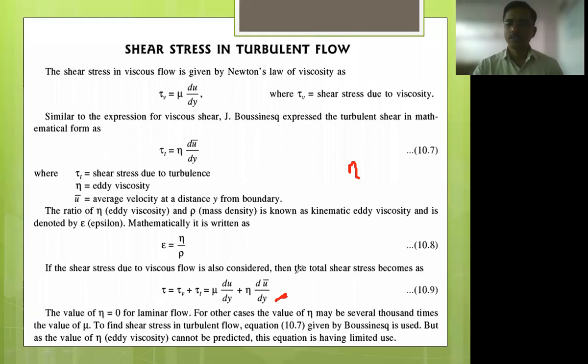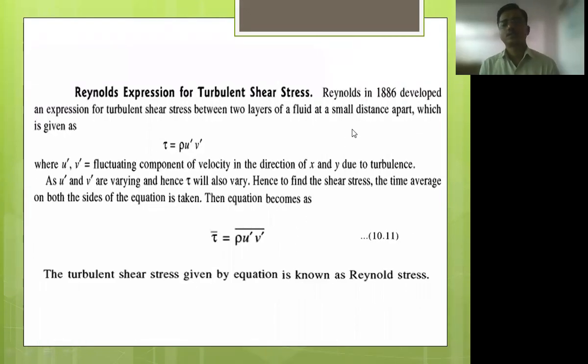So Boussinesq has given this equation for the shear stress, but this equation had some limitations, due to which another scientist, Prandtl, came up with another equation for the shear stress. Before Prandtl, Reynolds gave an equation in 1886.